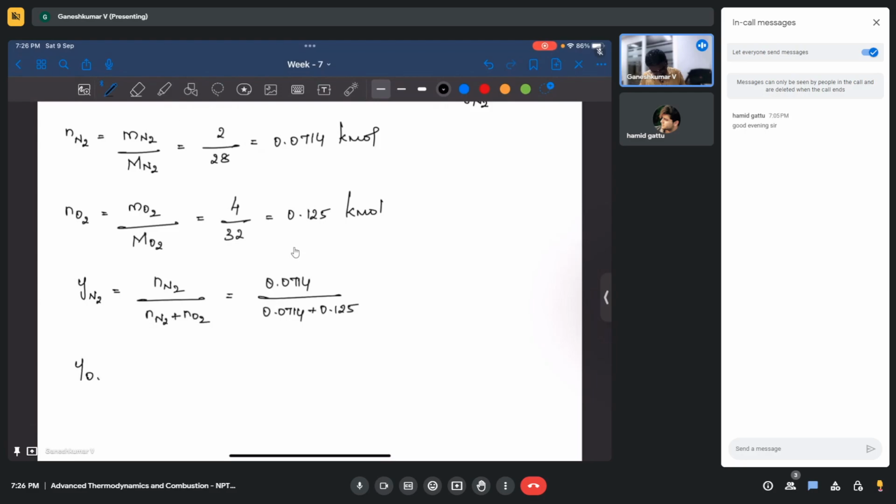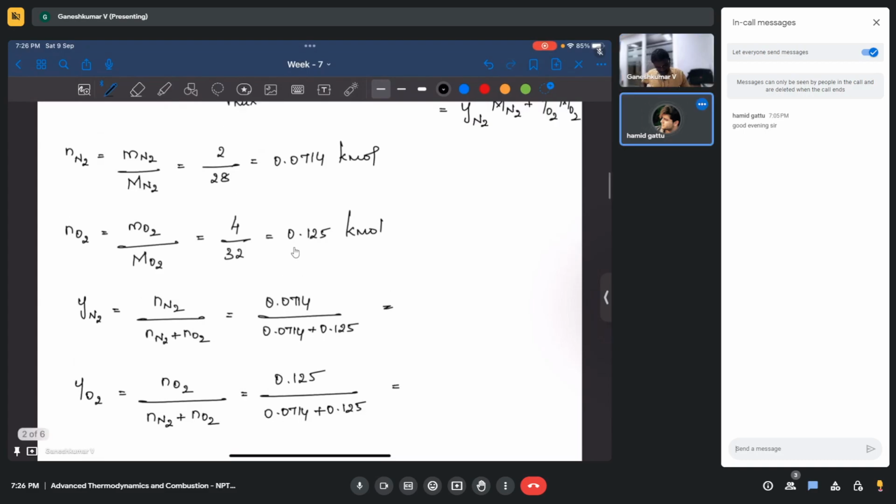Similarly, you can calculate the mole fraction of O2. It is going to be 0.125 divided by 0.1964. What is this coming out to be?